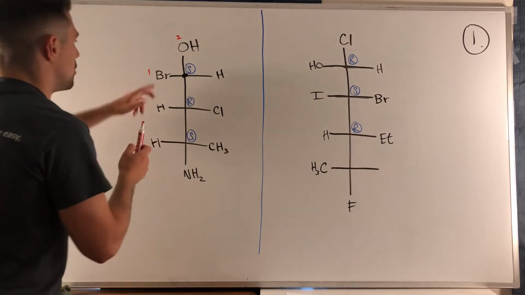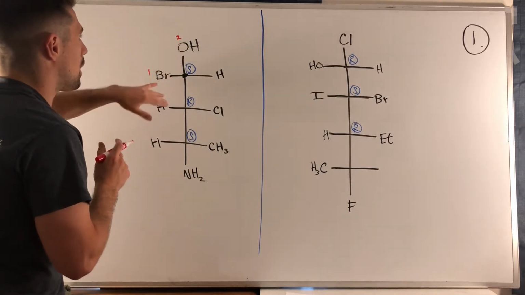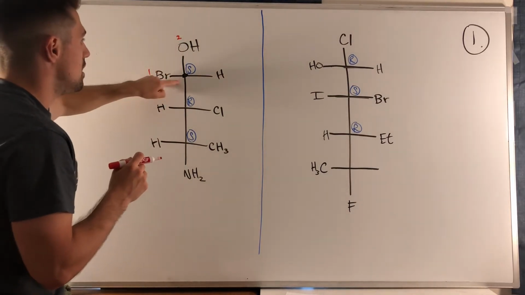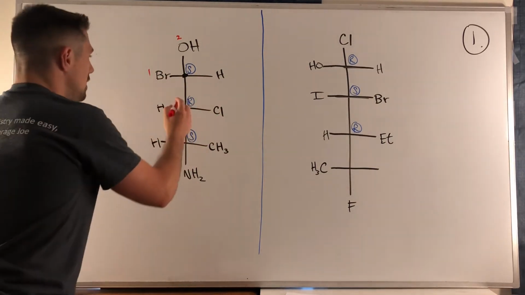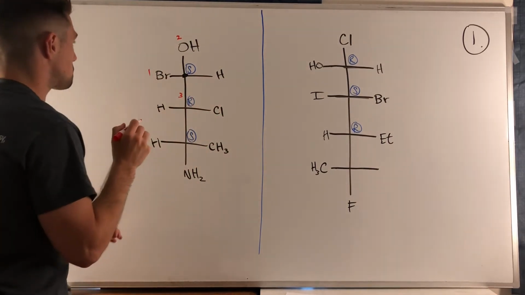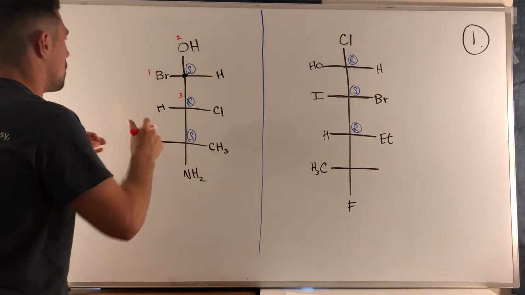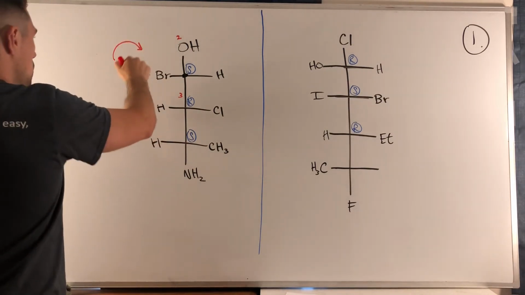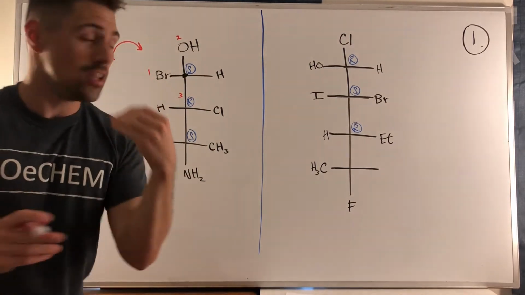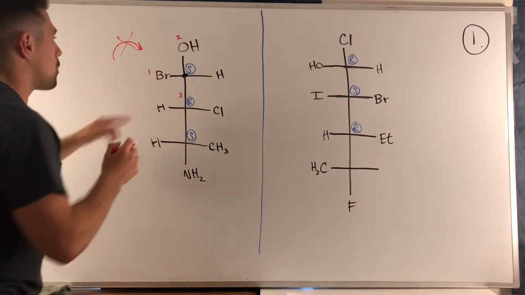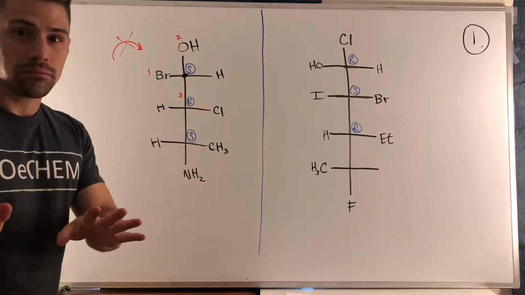So we can say bromine's the heaviest, this oxygen in the OH, the alcohol, is second heaviest, then it's this big chunky thing down here, 3 right there. Okay, so we can then draw our wheel, which looks like it's turning to the right. However, our lowest priority group is facing us, so it's not R. That's why we have S. Okay? Hope that makes sense.